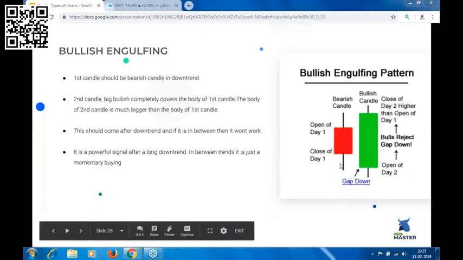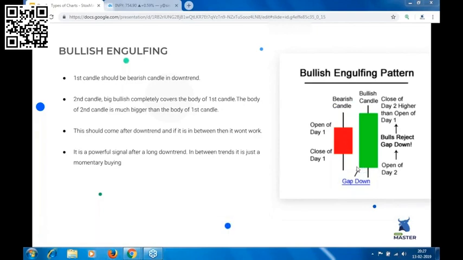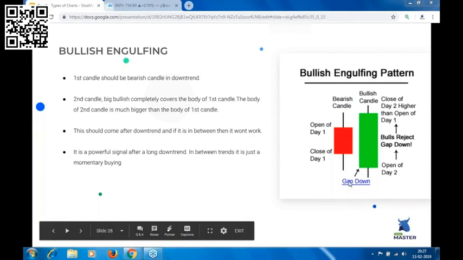Similarly, in your bullish engulfing pattern, your first candle is your bearish candle. In the second candle, there's a gap down opening and the prices close at the high. See, bullish engulfing means that your second candle should be a bullish candle, and bearish engulfing means that your second candle should be a bearish candle.